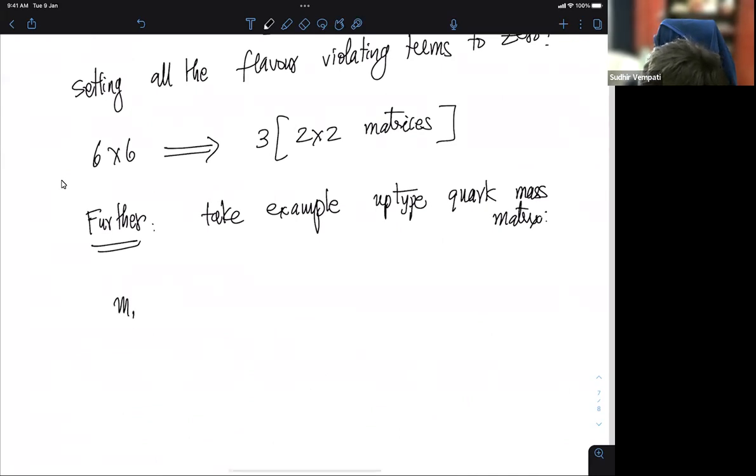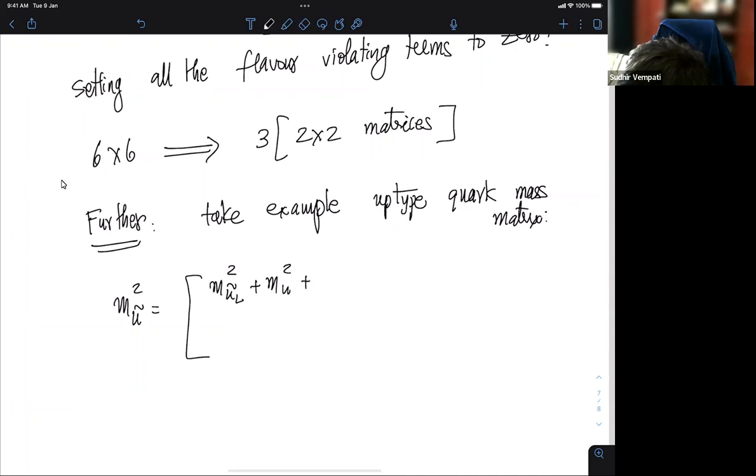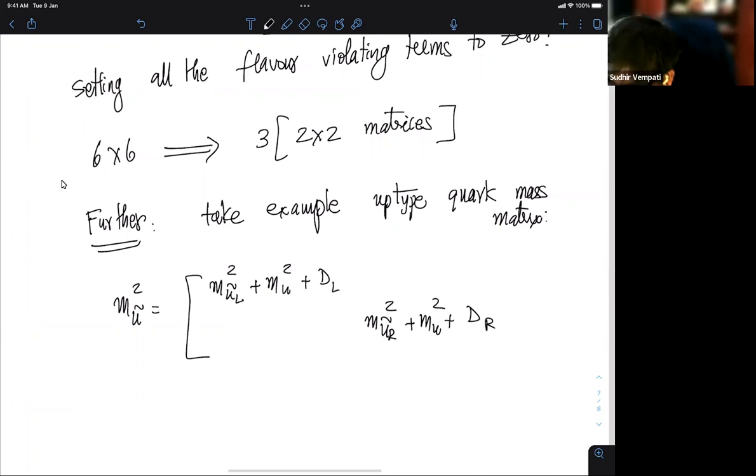So this mu tilde square will be a 2x2 matrix. The entries are mu L tilde square plus mu square plus the D term, which I'll just write as d, and mu R tilde square plus mu square plus d. This is dL, this is dR, the D terms.